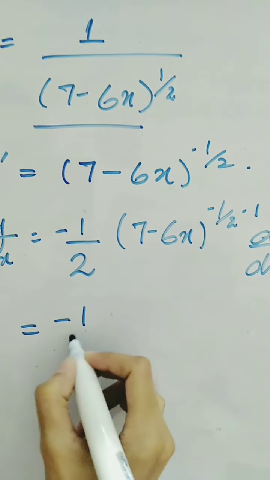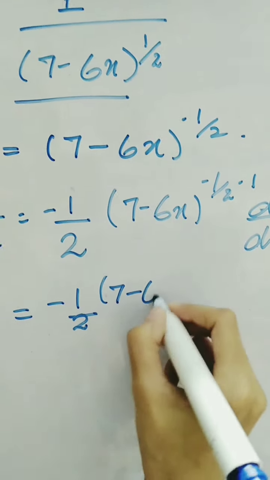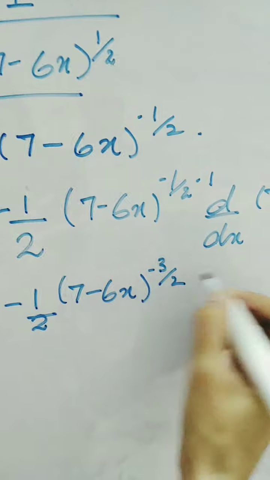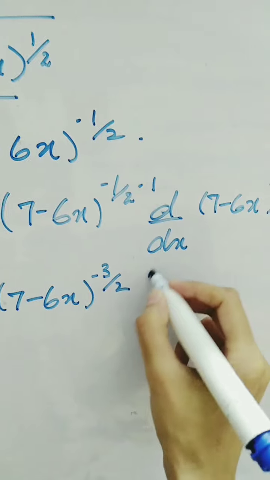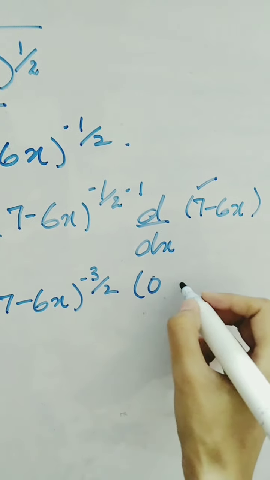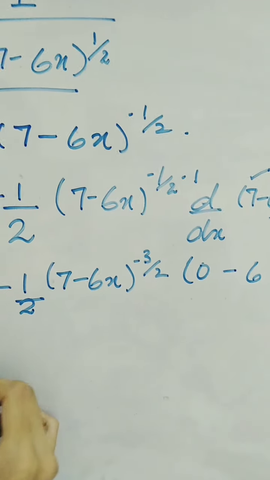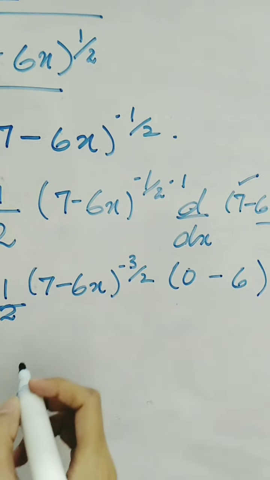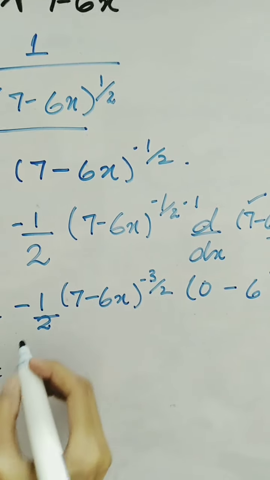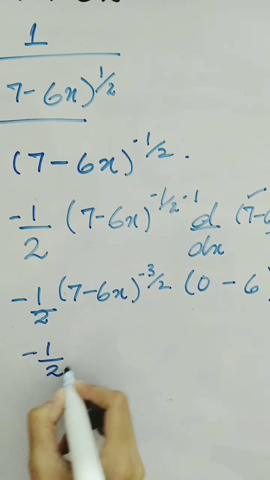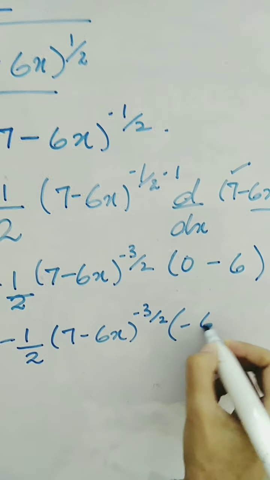Now we have minus 1 over 2, (7 minus 6x) to the power minus 3 over 2, and the differentiation of 7 minus 6x is 0 for the constant, and minus 6 for 6x. So we have minus 1 over 2, (7 minus 6x) to the power minus 3 over 2, into minus 6.